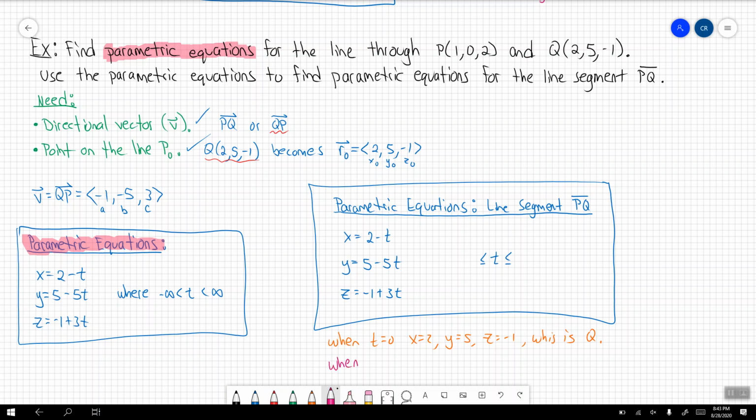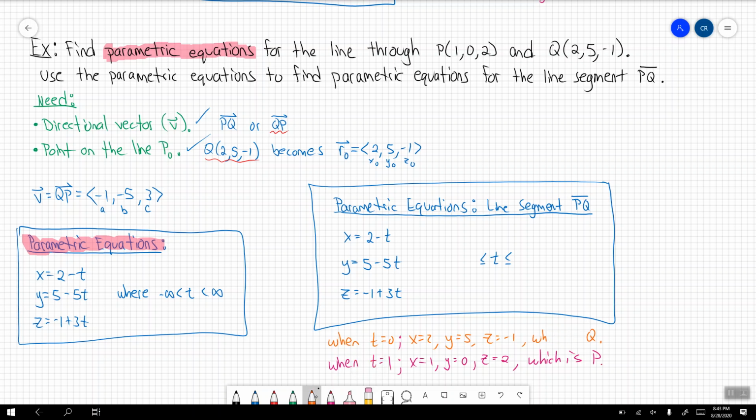Well, it looks like it's another easy one, when t is equal to 1. x is equal to 1, y is equal to 0, and z is equal to 2, which is point P. Check that out.